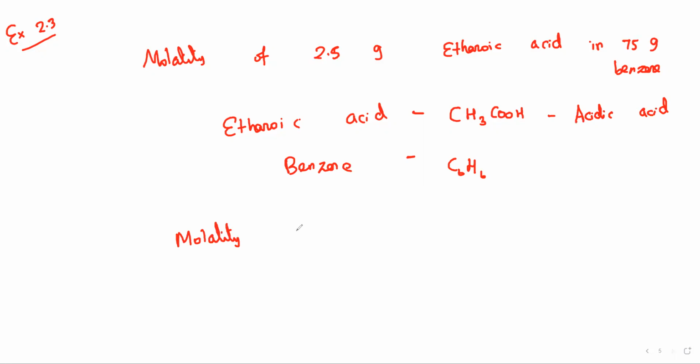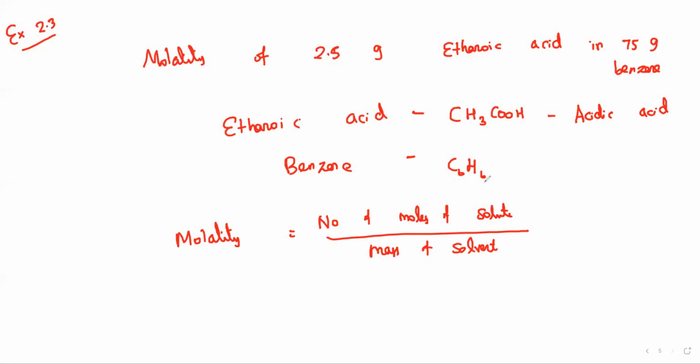Now they are asking us to find molality. So molality is number of moles of solute by mass of solvent. Here we don't need to find the number of moles in benzene.